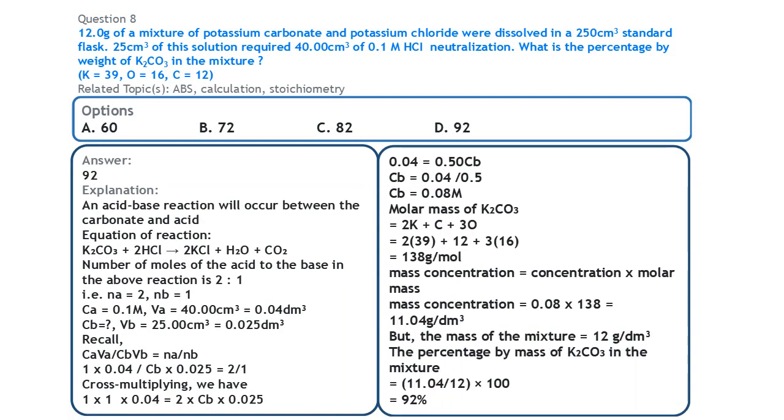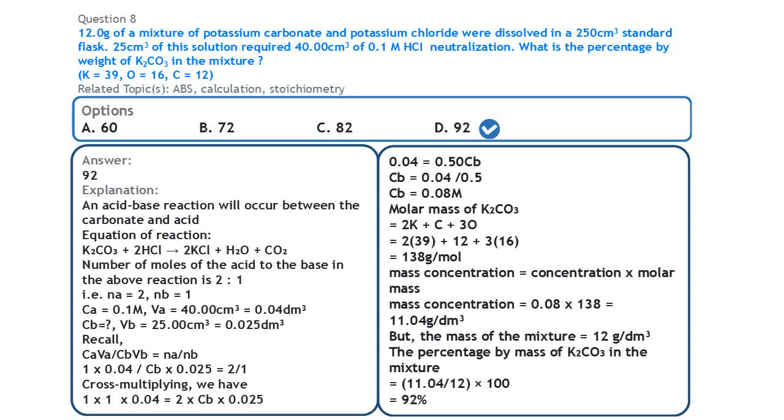So this here is going to be a case of an acid base reaction between the carbonate and the acid. Now when a carbonate reacts with an acid, a salt, water and carbon dioxide are formed. So this will be the equation of reaction between this potassium carbonate and the hydrochloric acid.